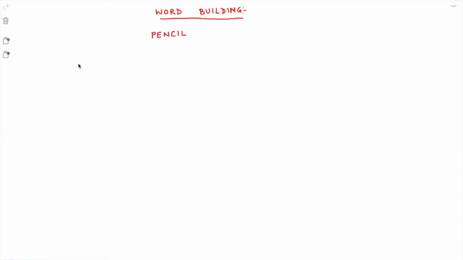So when we start off with pencil, the first case is case 1, no restrictions. What do we mean by no restriction? That means when any letter of the word pencil can occupy any position, then we talk about no restriction. P can be in the second spot, third spot, fourth spot, fifth spot, sixth spot, first spot.